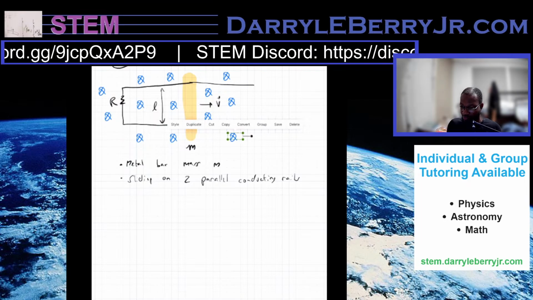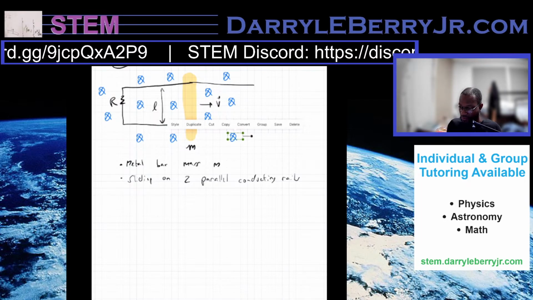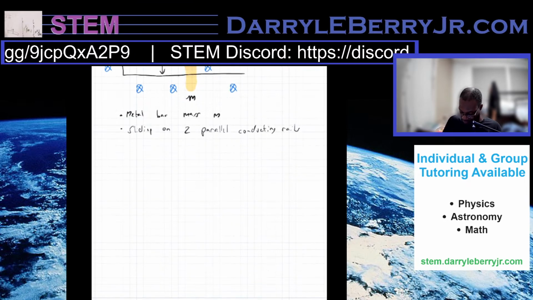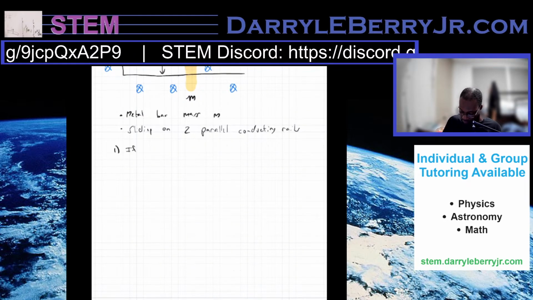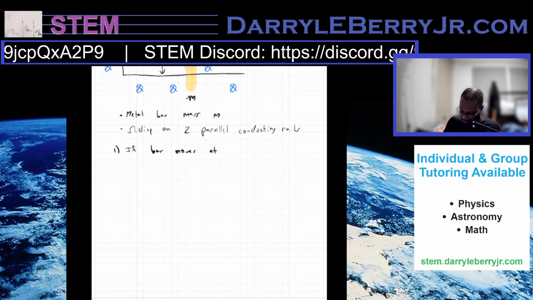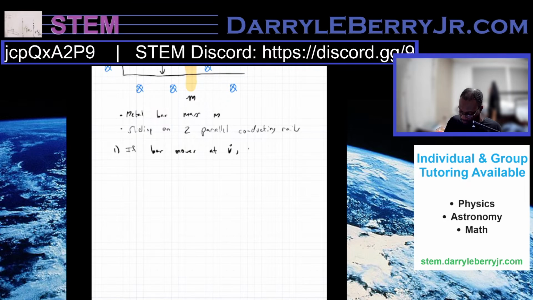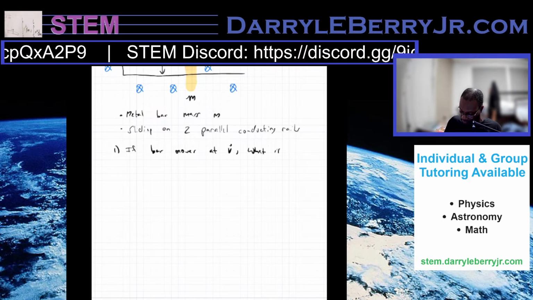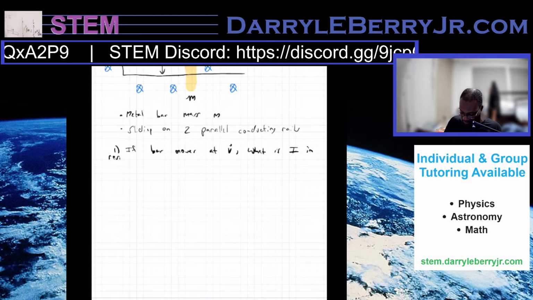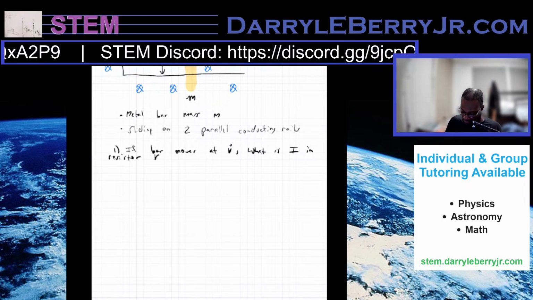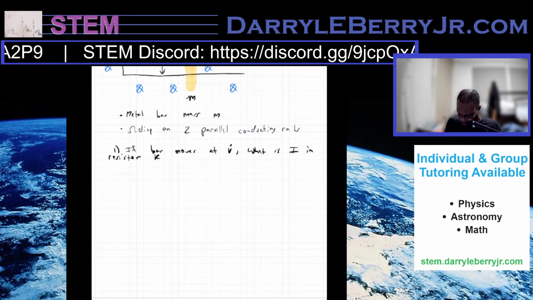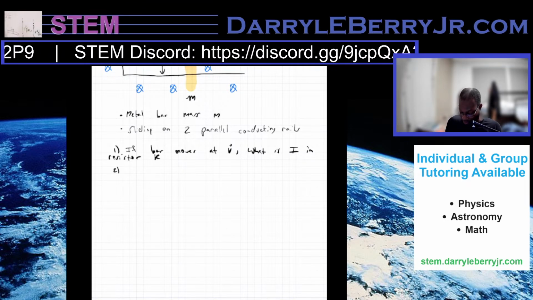We want to know: one, if the bar moves at a speed V, what is the current in the resistor? Two, what is the force on the bar?